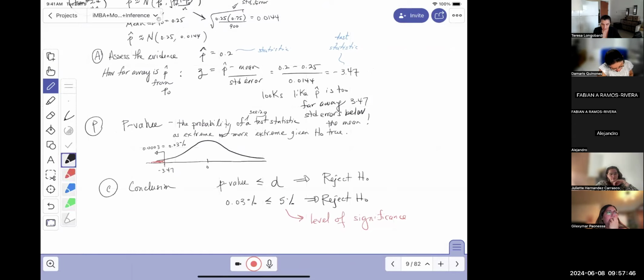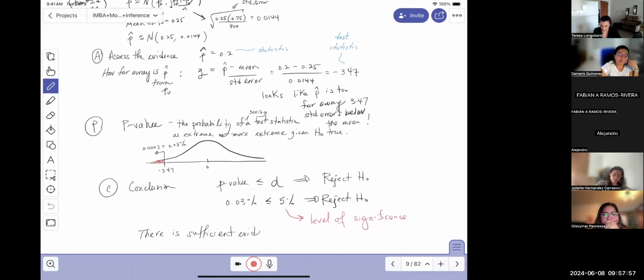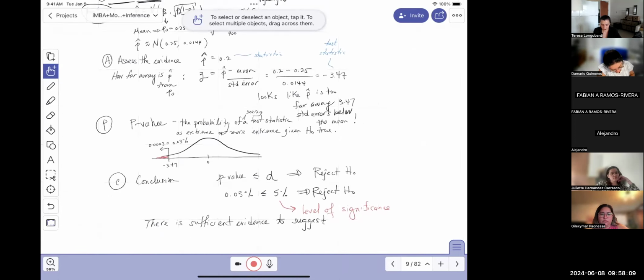We say that there is sufficient evidence to suggest... Now you don't want to repeat, well, you could just repeat that we reject the null, but you want to say it in terms of the problem.